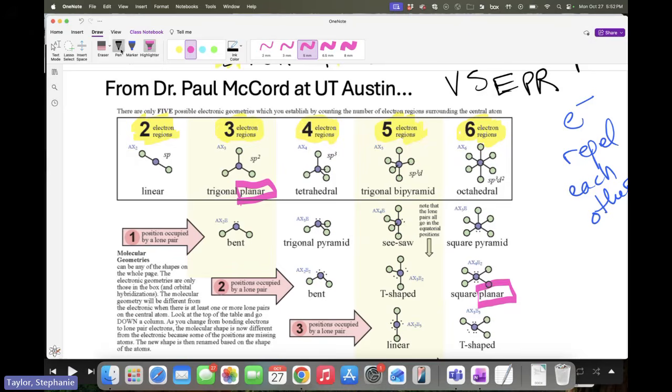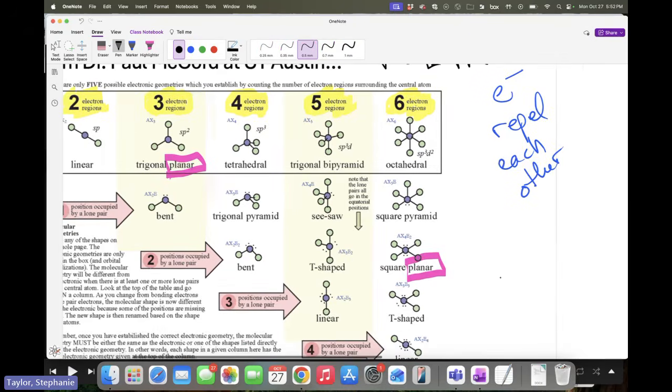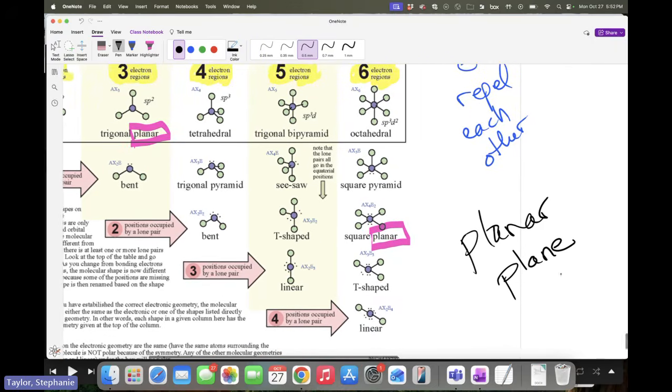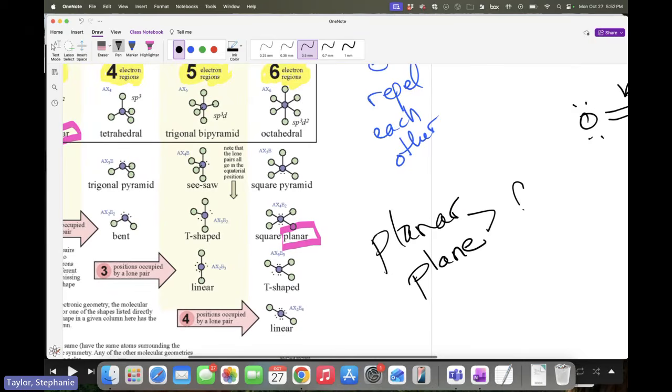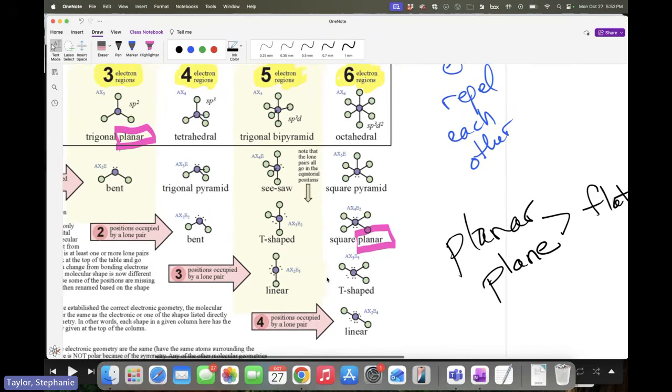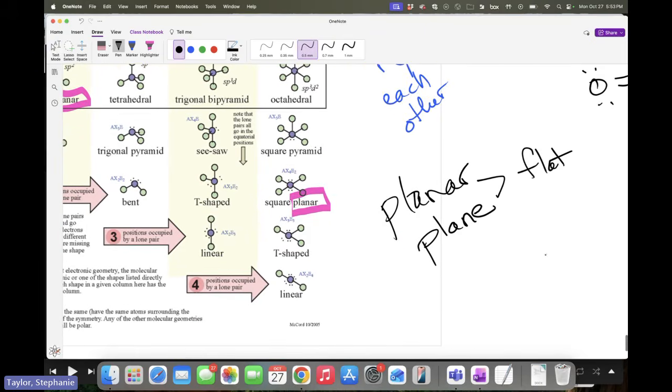Anytime you see planar, planar basically means flat. This is a geometric plane. So not an airplane, but a flat surface plane. We mean flat. It's in the plane. That's all there is. Flat. So that's why when you talk about trigonal planar, we're trying to draw something that has 120 degrees because it's flat. It's like you took a circle and cut it into 3 pieces.